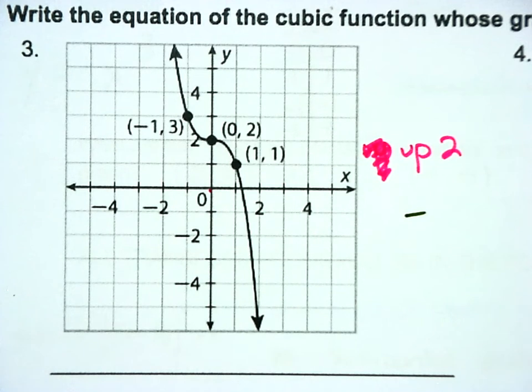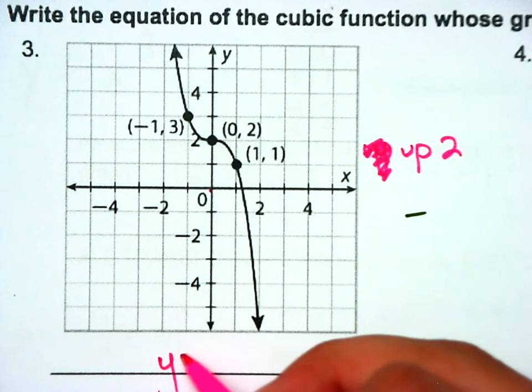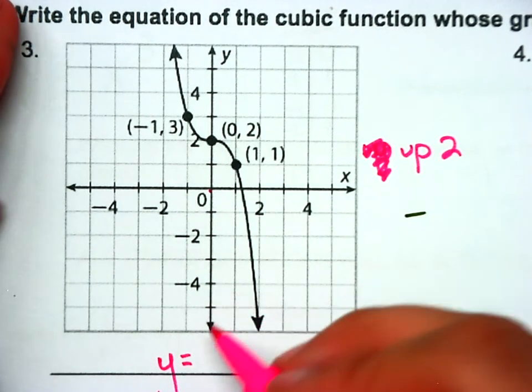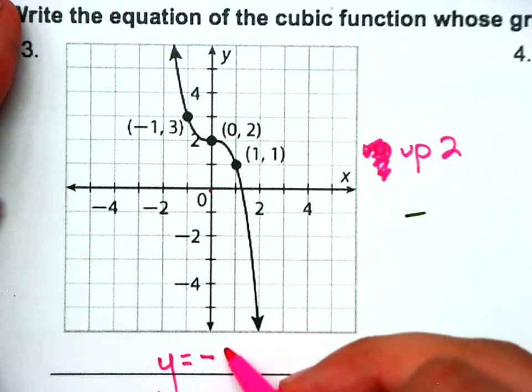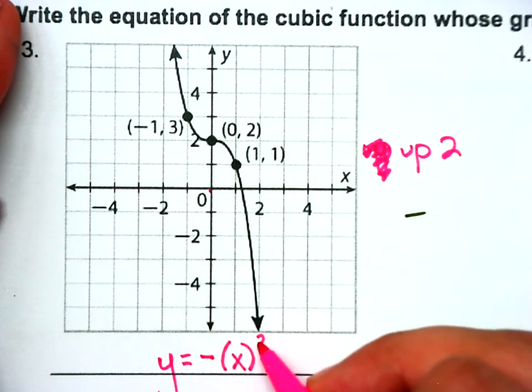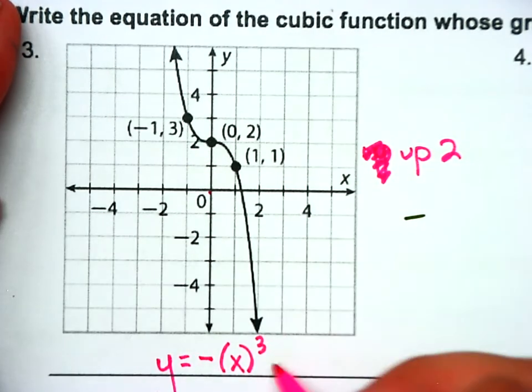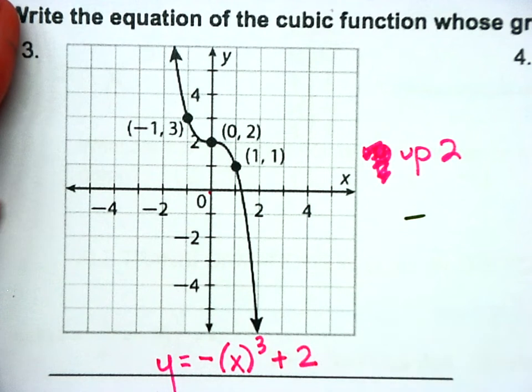Let's try writing it. So y equals, and you can always do f of x as well. I know I want my negative. I don't have an h value, so it's just going to be x cubed. And then we went up 2, so I'm going to add 2, just like that.